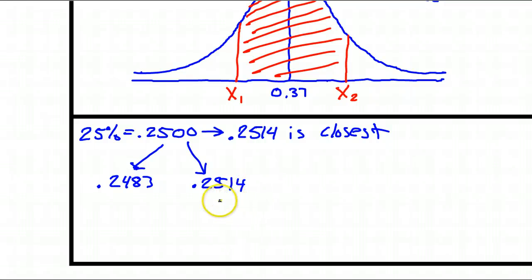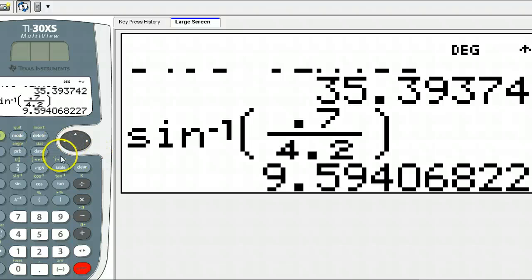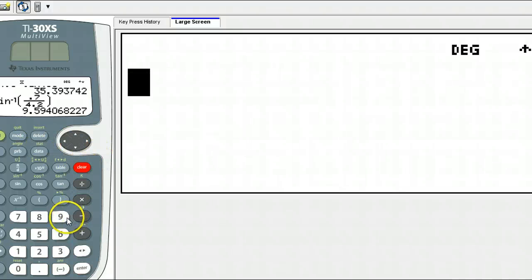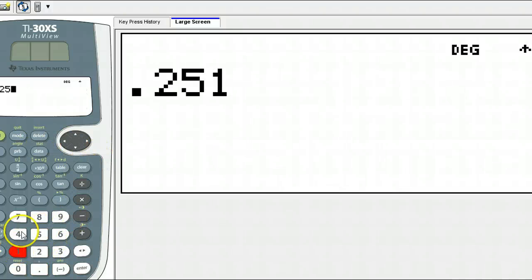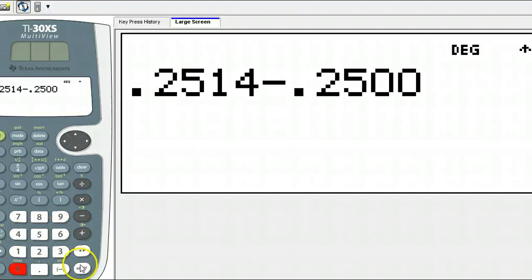Looking at this one, if I try to find the difference, I'm doing 0.2514 minus 0.2500.